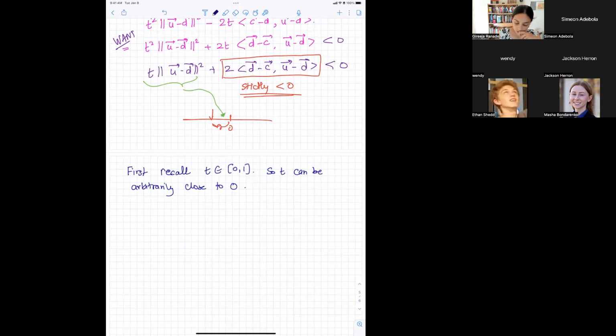Now, if t is strictly less than, let's say, 2 times the inner product of d minus c, u minus d, divided by the norm squared of u minus d.